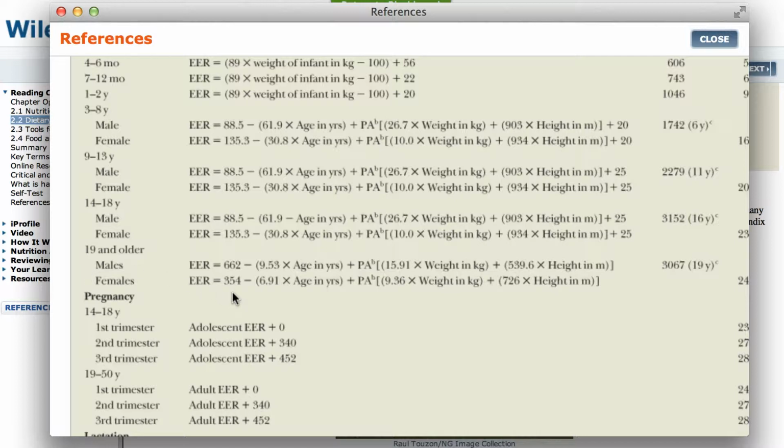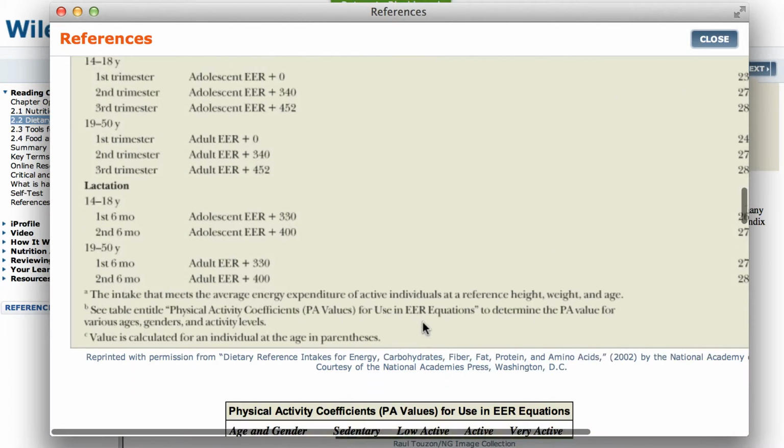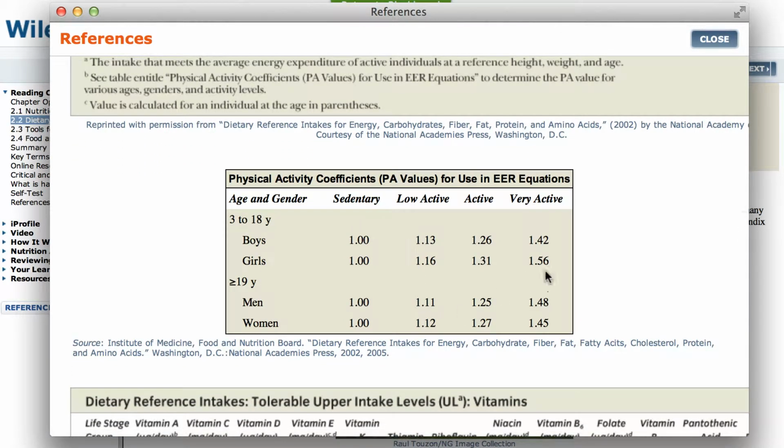So what you do is you start off with these numbers, you subtract a factor that's based on your age in years, and then you're going to add your physical activity, and that's based also on your height and your weight. And you need to figure out what your physical activity coefficient is to add this number. And the physical activity coefficient is found in this table.